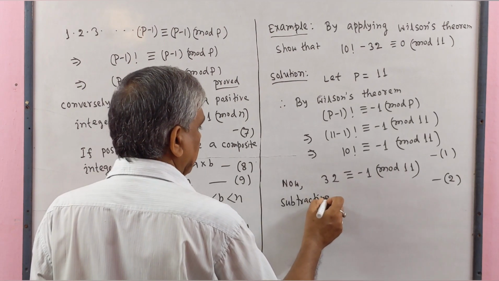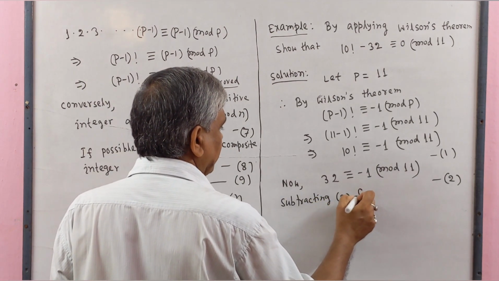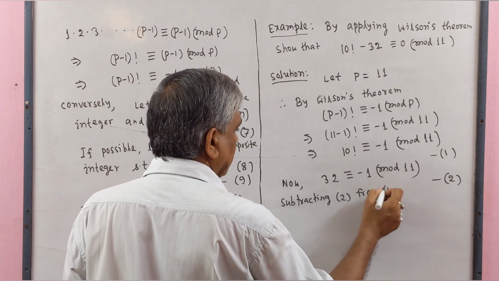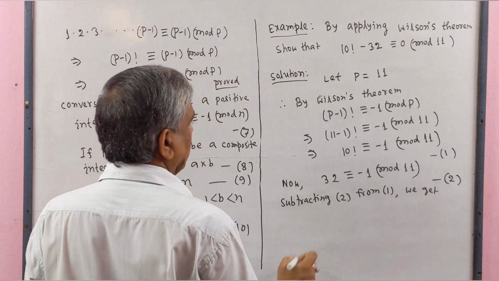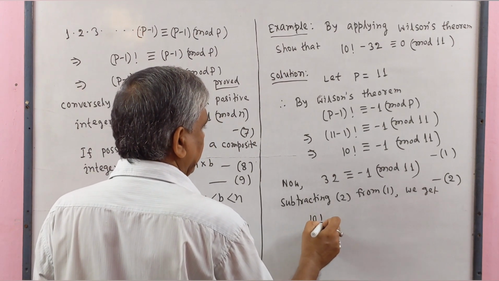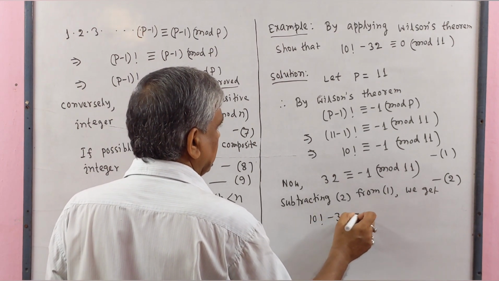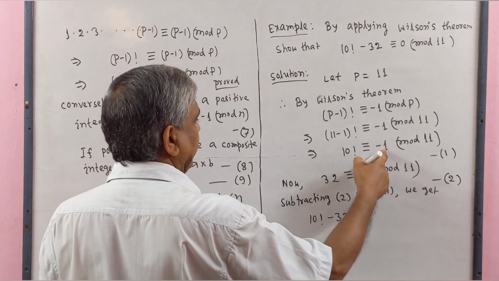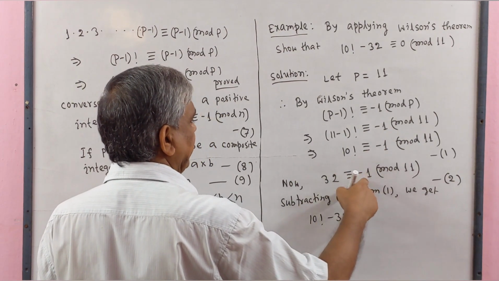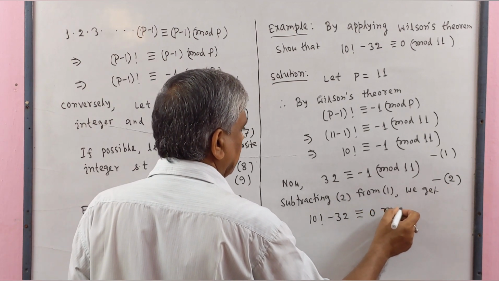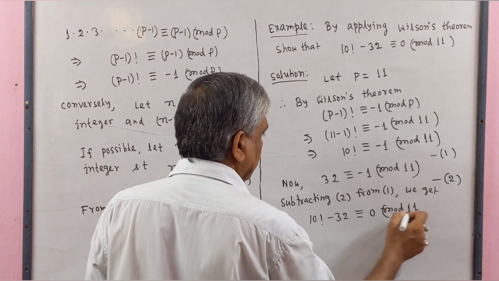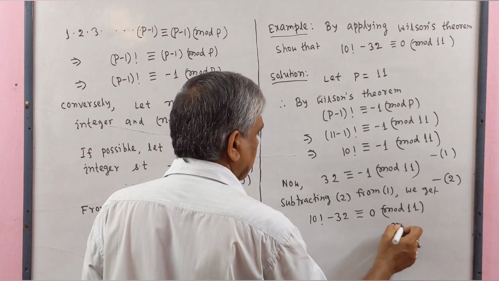Subtracting 2 from 1, we get factorial 10 minus 32 is congruent to minus 1 minus minus 1, which is 0 modulo 11. Proved.